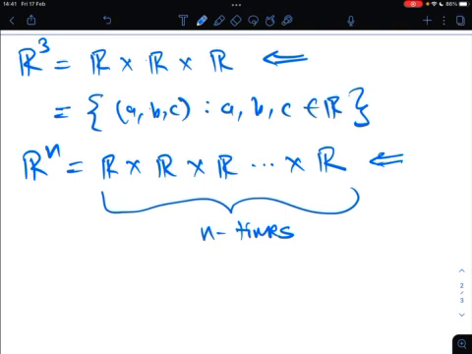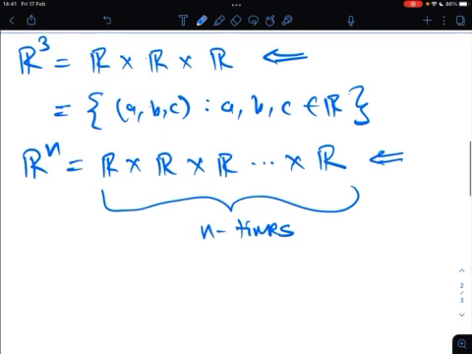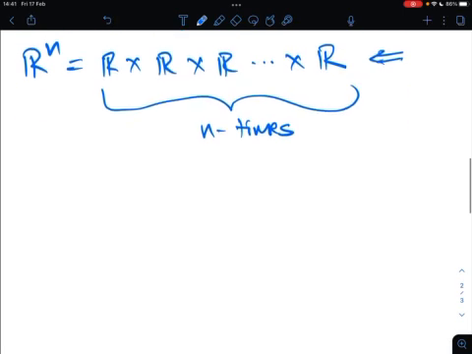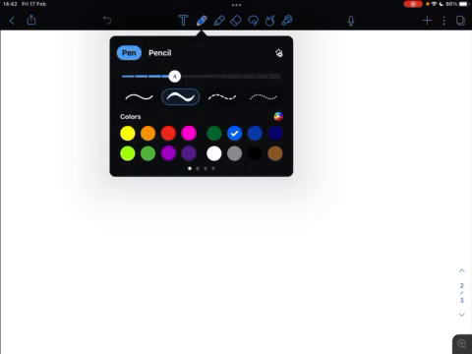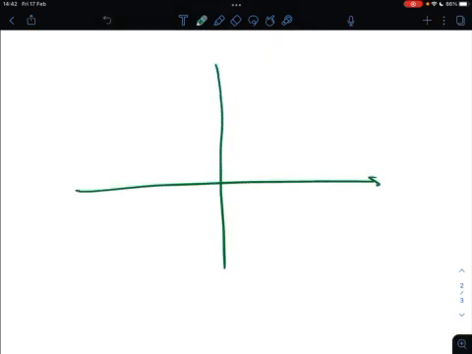To try and give a geometric view, let's consider the two-dimensional space. We know that R2 can be represented geometrically as follows. It can be represented as a space which consists of all coordinates that reside within this Cartesian plane.